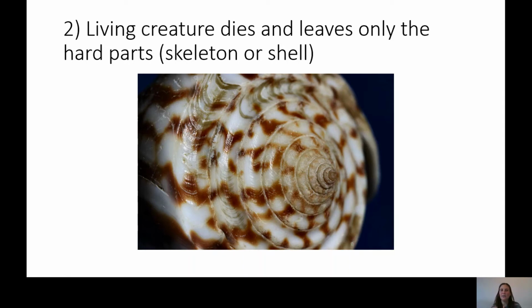So that's the second one. So we've got the first one, we have a living animal. The second part is that living creature dies, and what's left after a while is the hard part of that creature, the shell or the skeleton.